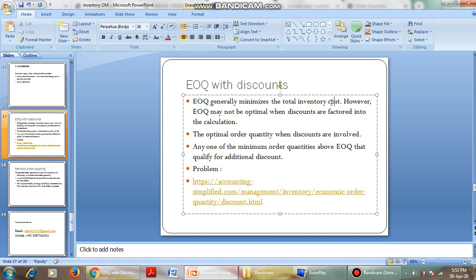However, if you purchase more items, then some discounts are added. If any of the minimum order quantities are above EOQ, they qualify for an additional discount.